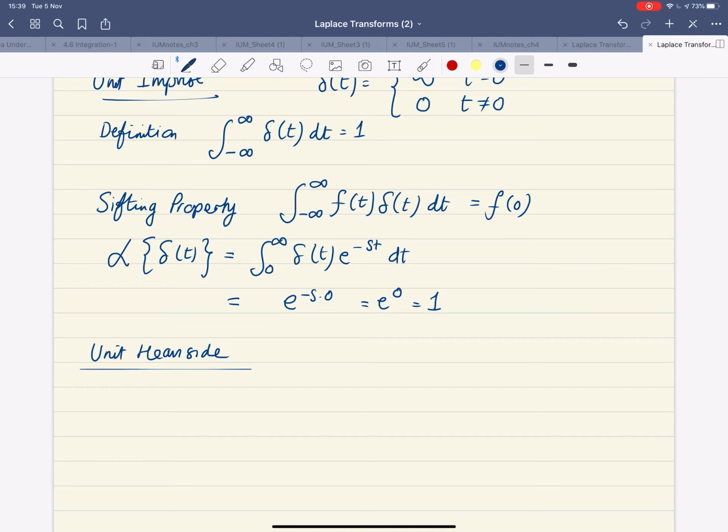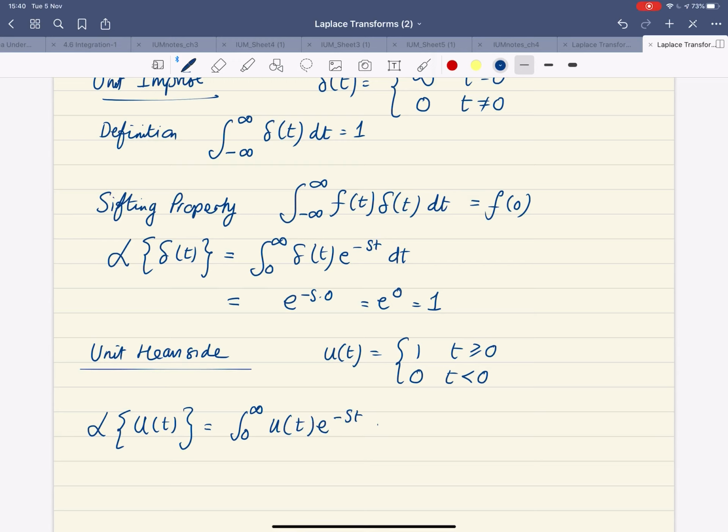Okay, and what we have here, the unit Heaviside function is 1 if t is greater than or equal to 0, or 0 if t is less than 0. And then we have the Laplace transform of u of t. So it's the integral from 0 to infinity of u of t e to the minus st dt.